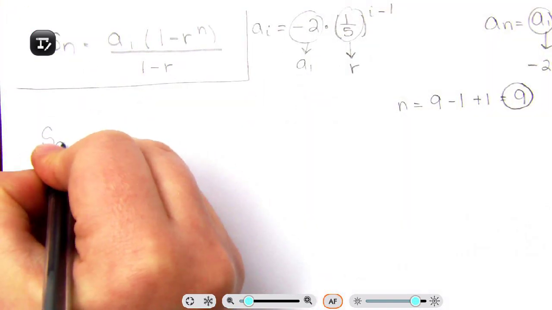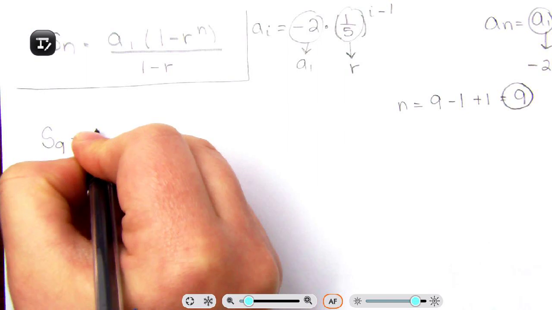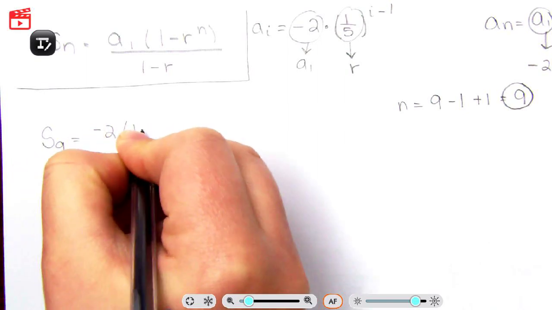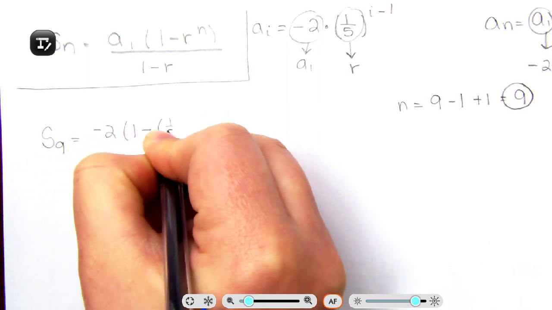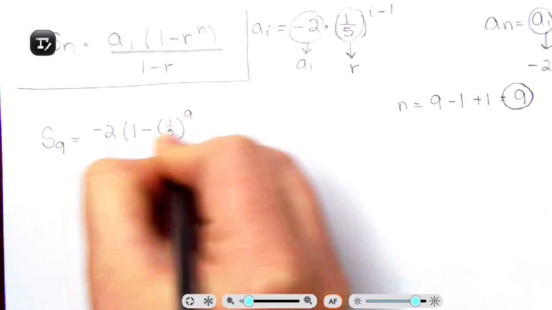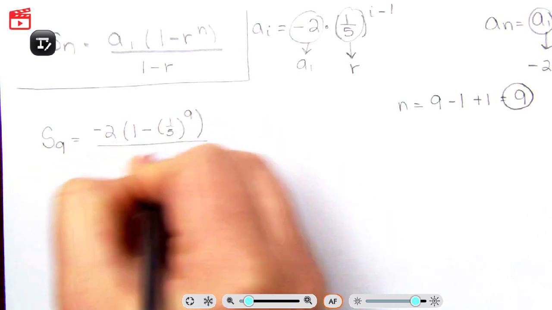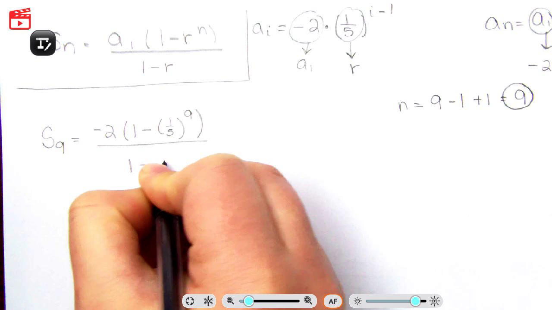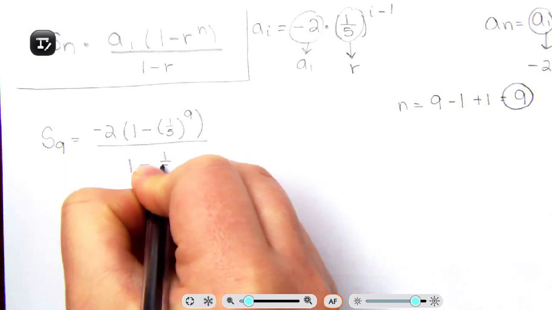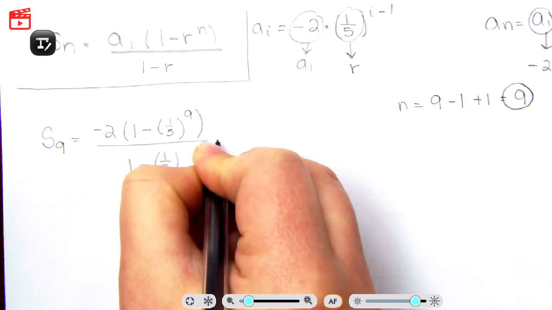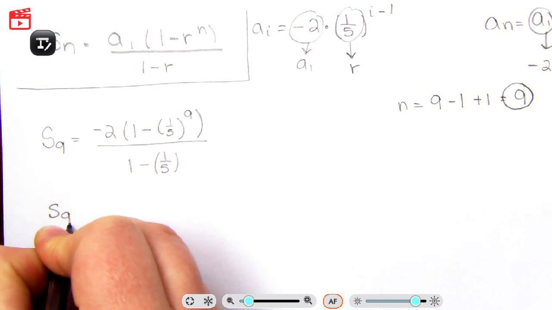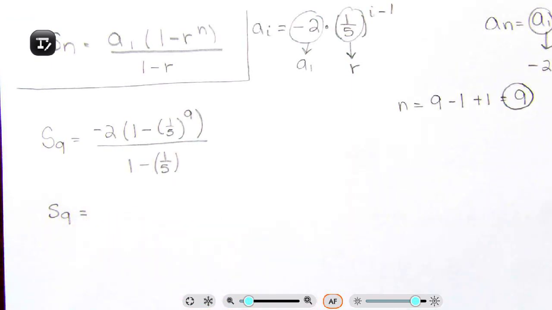So S sub 9 is equal to a sub 1, which is negative 2, times 1 minus r, which is 1/5, to the 9th power, over 1 minus r, and r is again 1/5. S sub 9 is equal to, typing it in our calculators, make sure you're using parentheses.